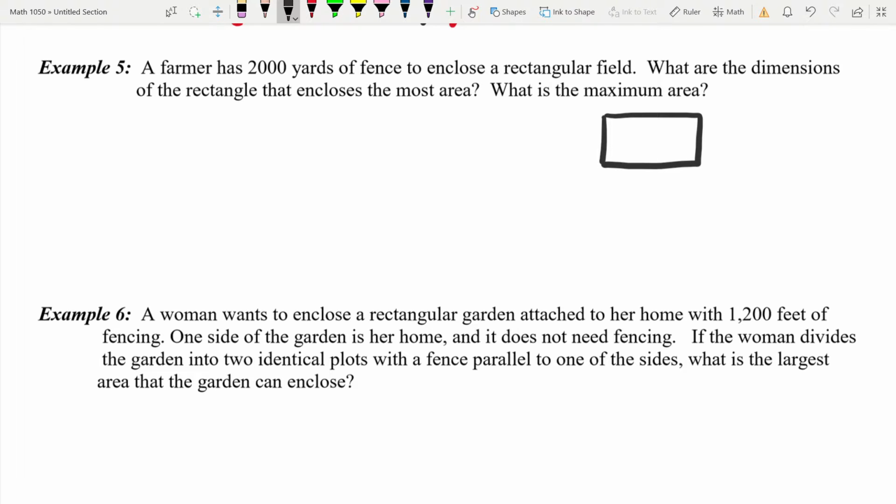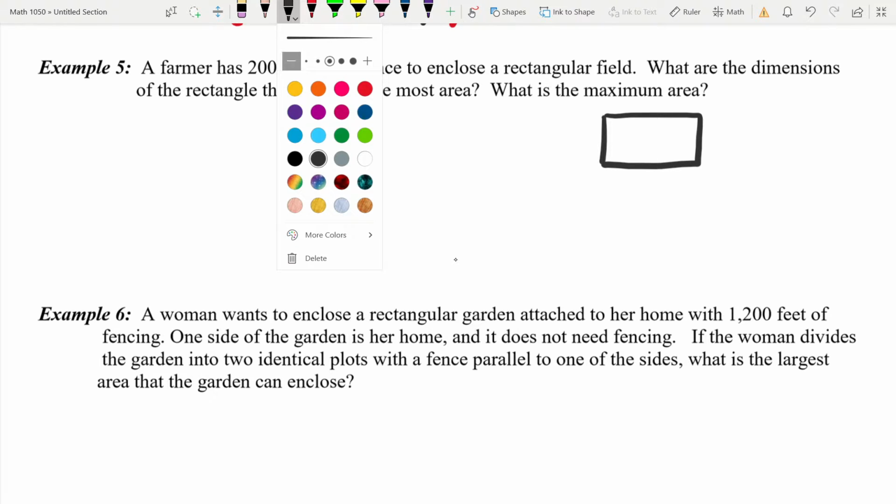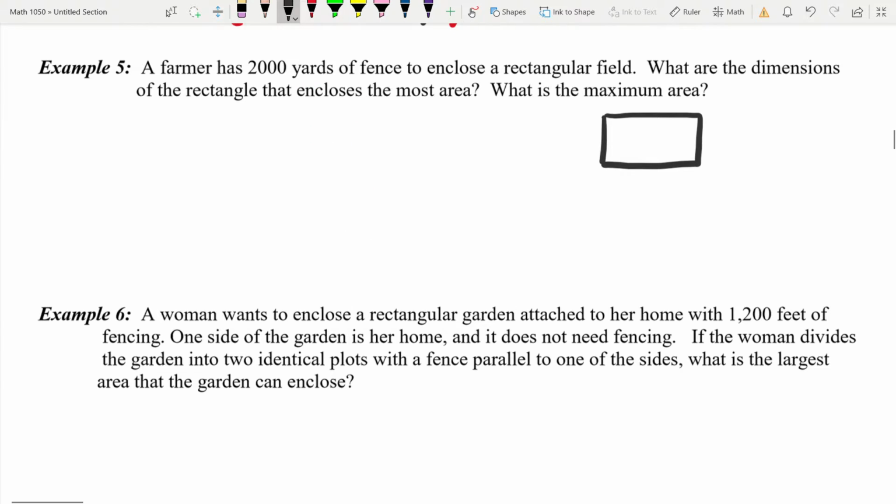Now you're going to want to watch. Stay calm. This is not that big of a deal. This is the length, and this is the width. Put an L, put a W. Then I want you to draw an arrow to that, and I want you to write a note that says, only use one variable.